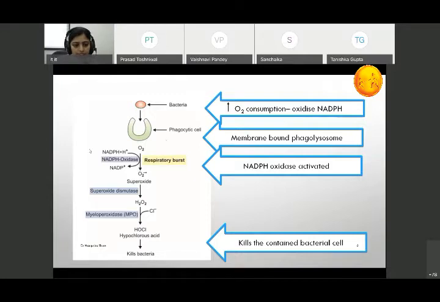And this respiratory burst, which leads to the formation of hypochlorous acid, is helping the body by killing the bacterial cell. Since this bacteria is engulfed by the phagocytic cell, this action takes place in the phagocytic cell. Whatever free radicals are formed, they are helping in killing the bacteria. This is the respiratory burst.